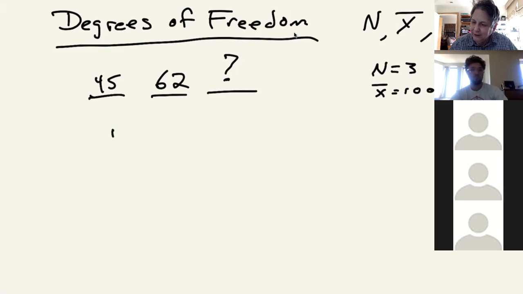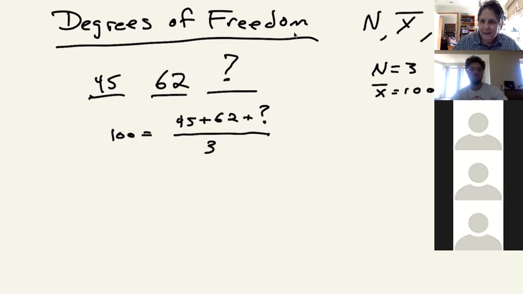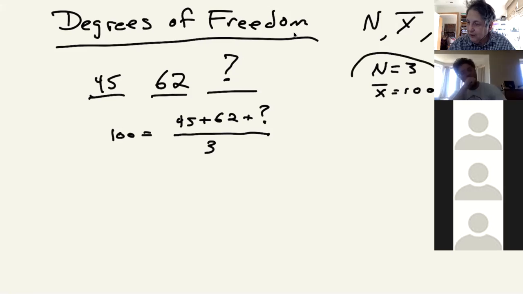So 100 equals 45 plus 62 plus that question mark over 3. That's the restriction on the data right there. Only 2 of these numbers are free to vary. The third one has to be locked in order so that these restrictions remain true.